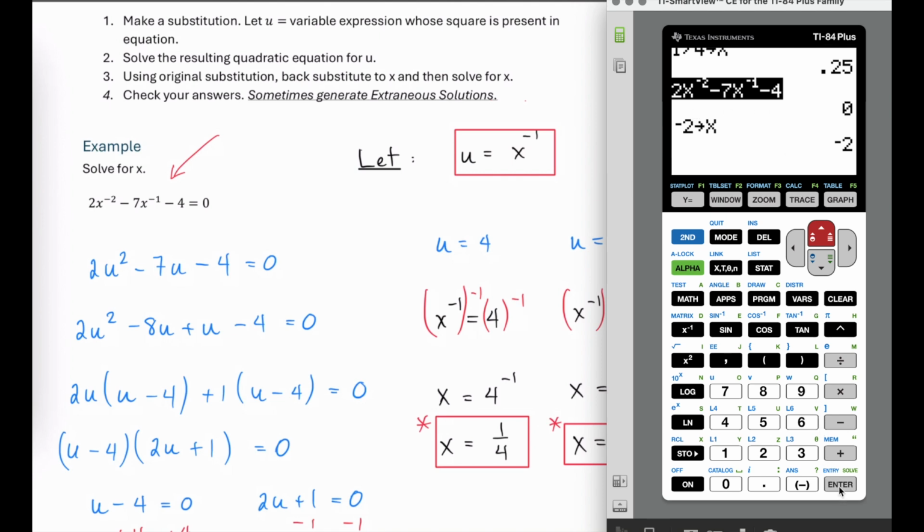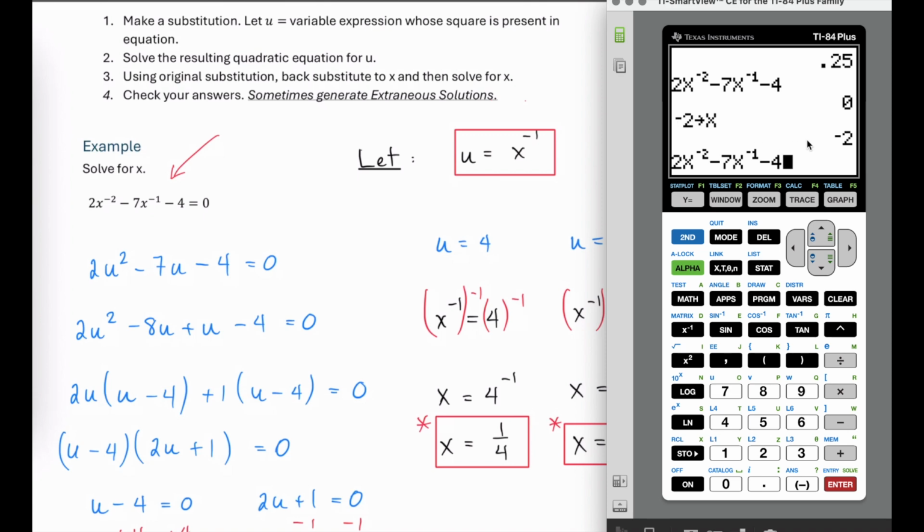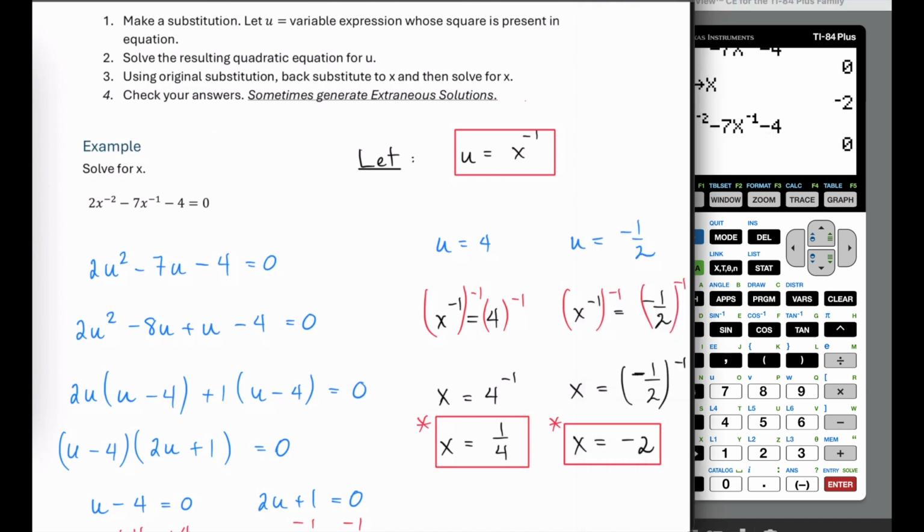If you hit enter from here, the calculator will copy paste the equation that you've already entered. And then now if we hit enter again, it will recycle this equation, but this time with negative 2 stored in for x. So we hit enter again, and it says that even with x is equal to negative 2, this equation turns out to be 0, which tells us that our two solutions actually work.